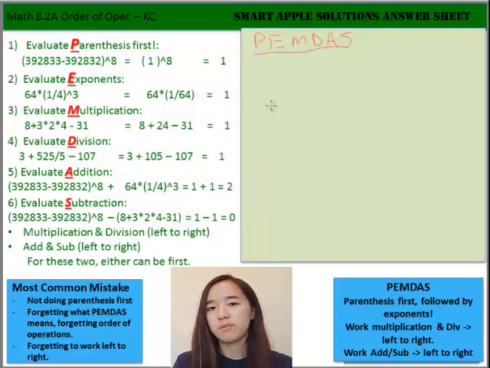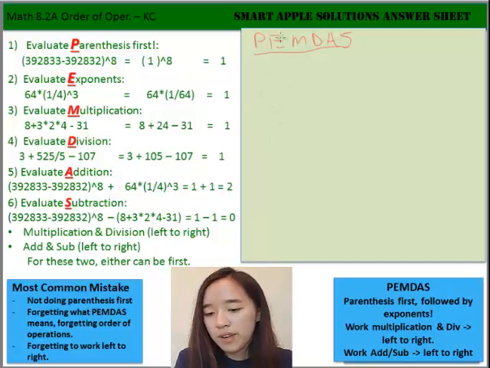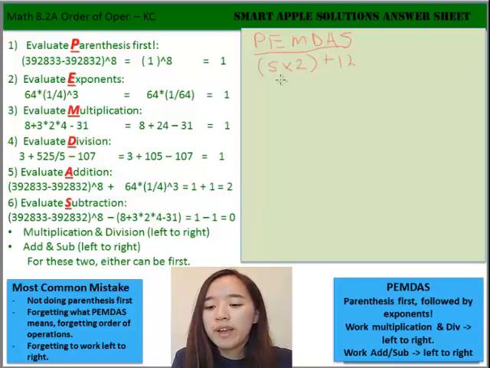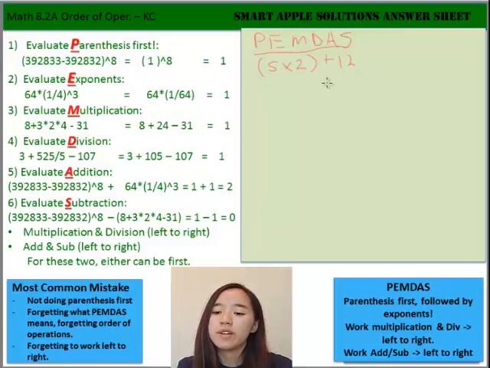Let me give you an example problem. For example, what if we have the problem 5 times 2 in parentheses plus 12. Now, look here. We have the 5 times 2. This product is in parentheses, which means we're not going to do anything with this 12 here because this over here is addition.